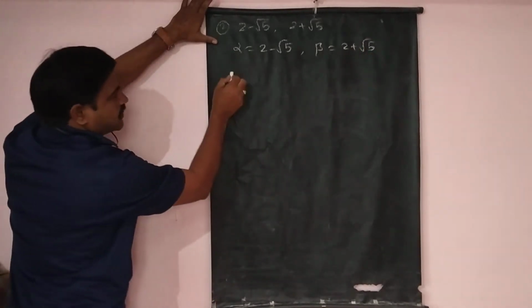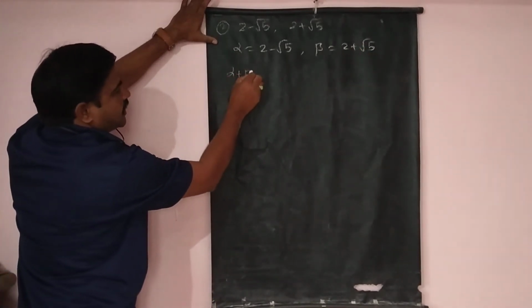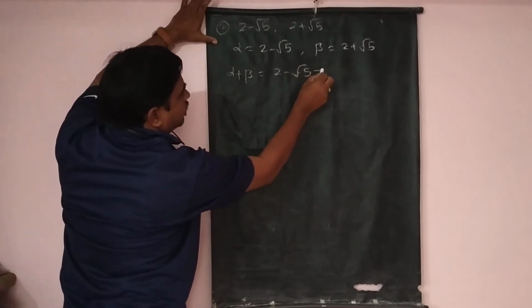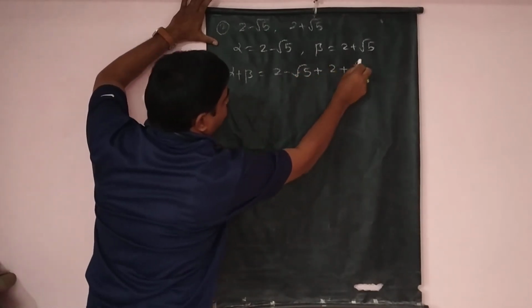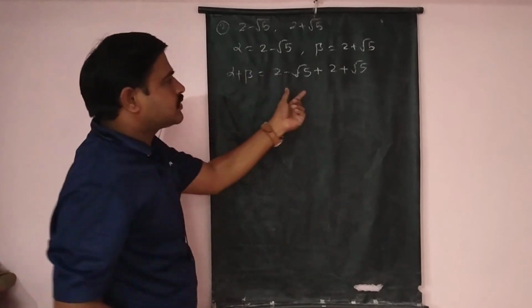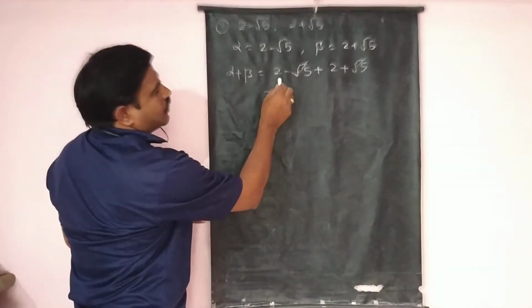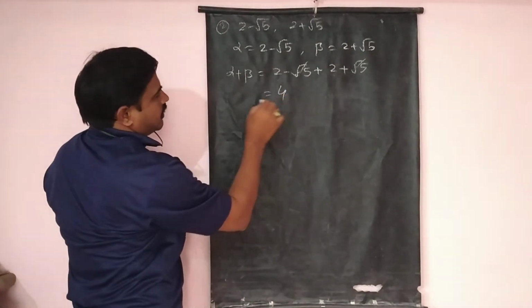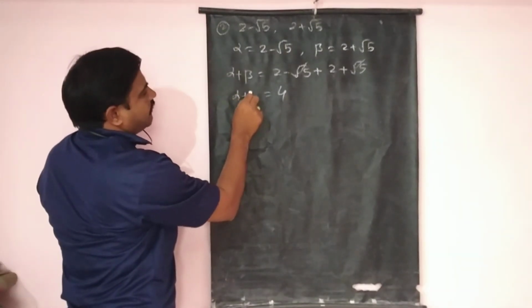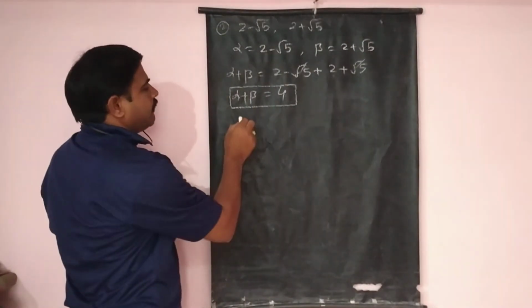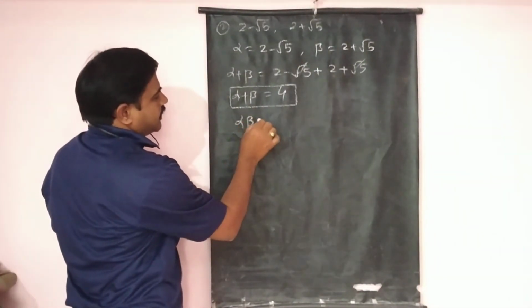First of all, find the alpha plus beta value. Alpha value is 2 minus root 5 plus beta value is 2 plus root 5. Minus root 5 plus root 5 get cancelled. 2 plus 2 is 4. Alpha plus beta value is 4, you got.